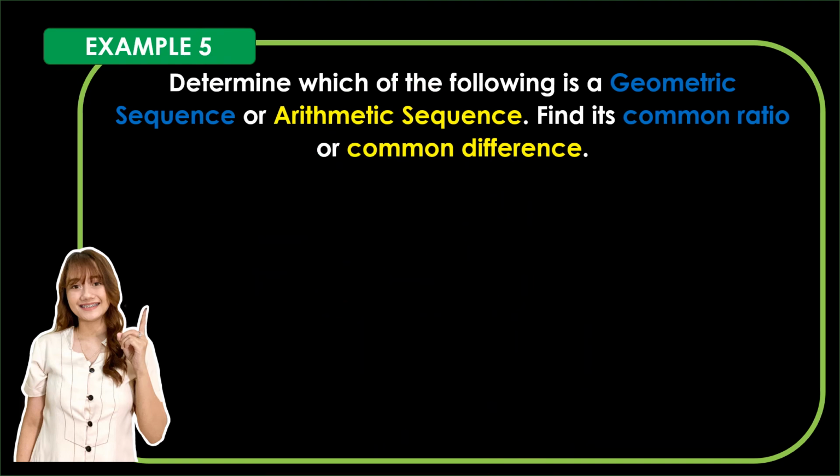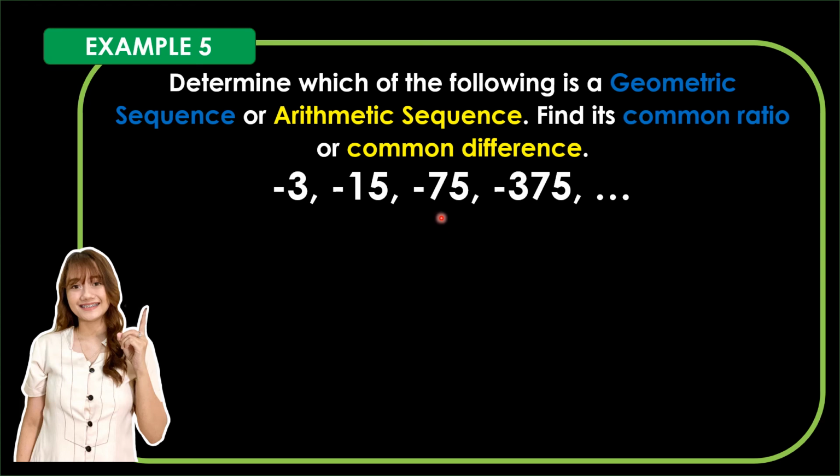Now, finally, let us determine if this sequence is geometric or arithmetic. We have our last example. We have negative 3, negative 15, negative 75, and negative 375, and so on. Observe that this given sequence is in decreasing order.